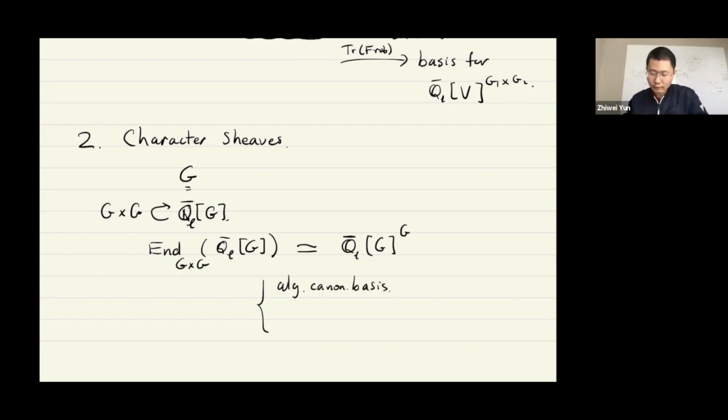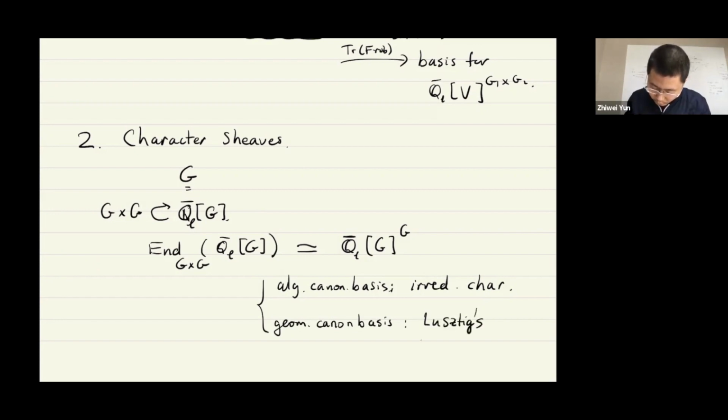The algebraic canonical basis is given by irreducible characters. Again, to write down these irreducible characters, we have to know a lot about representations. Then there's a geometric canonical basis constructed by Lusztig using character sheaves. And viewed as conjugation invariant functions on G, they're called almost characters.